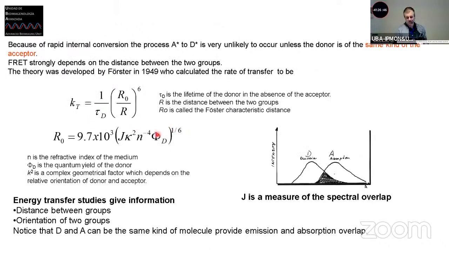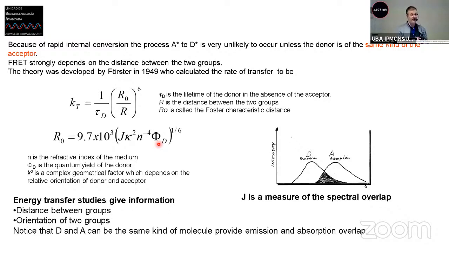And this is because the FRET is very, very strongly dependent on the distance of the two fluorophores. It's also dependent on the alignment, so how the dipoles are oriented. And this is one of the things that I always like to highlight. A positive result of FRET is very, very nice.